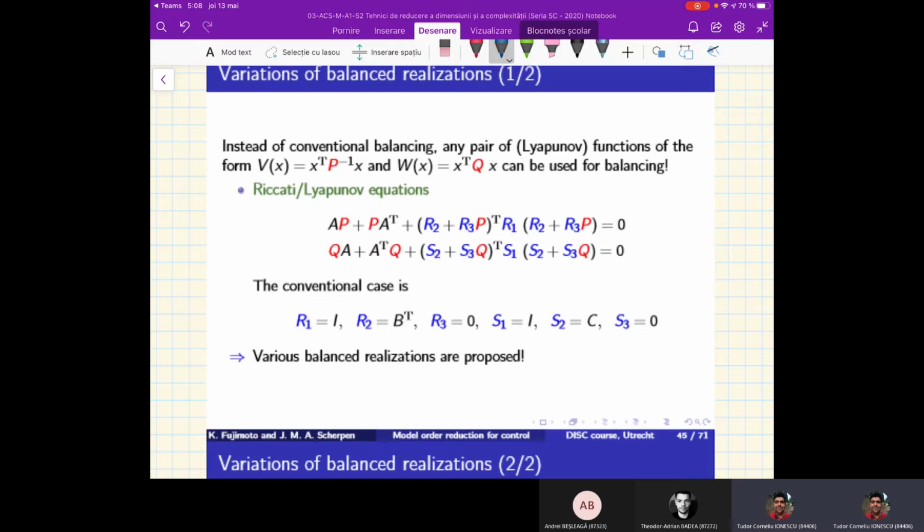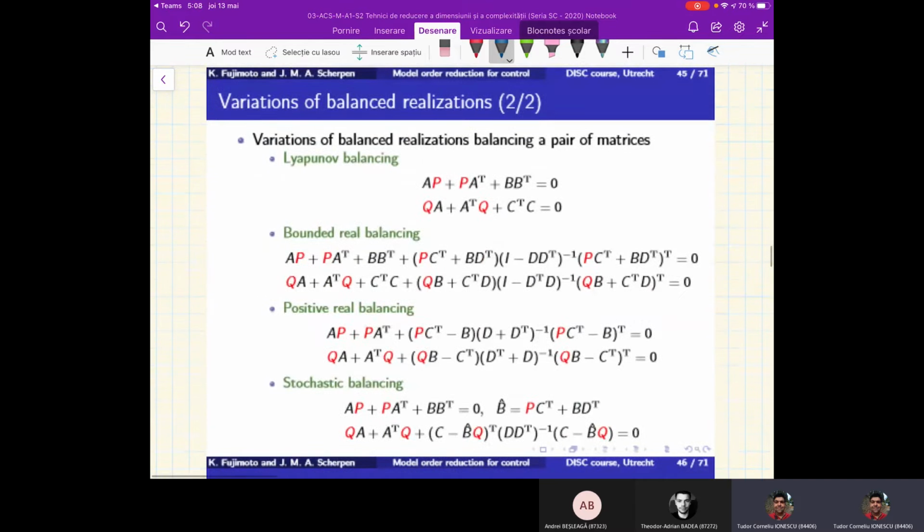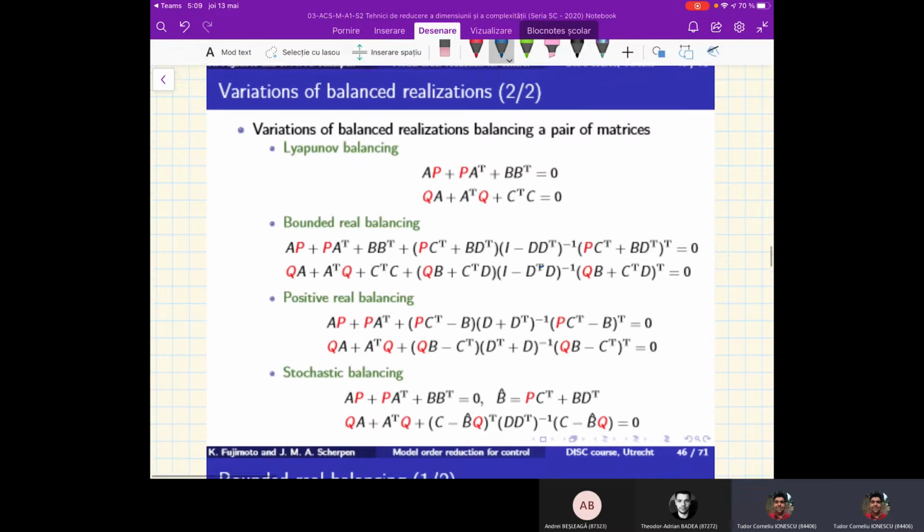And if you take this general Riccati equation and you set up these quantities to be different from these values, you can easily come up with new energy functions. Hence, you can get bounded real balancing where you get two Gramians of this form. These are both Riccati equations. You can have the positive real balancing with these types of Riccati equations.